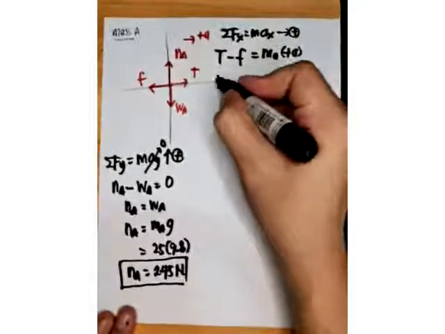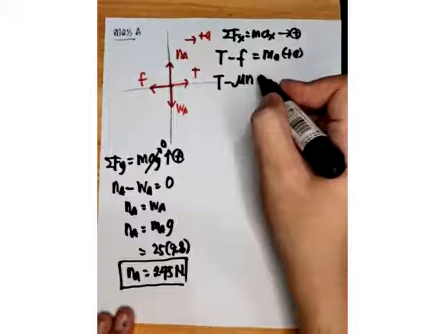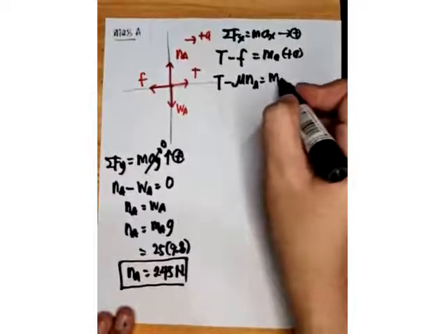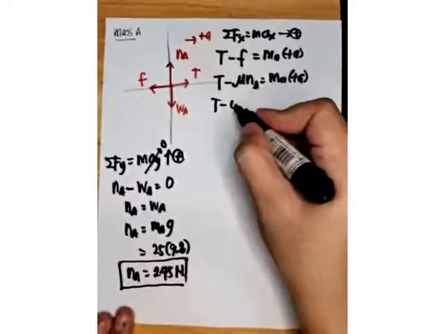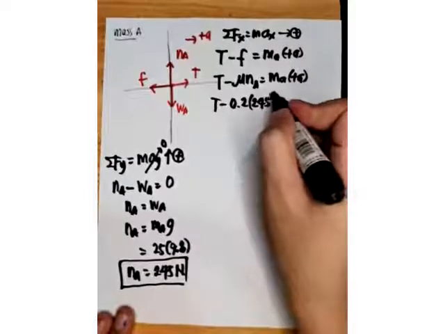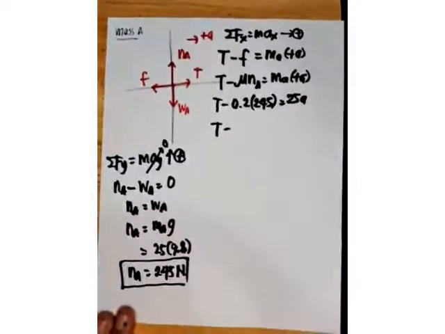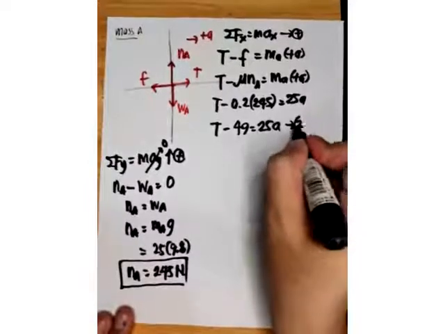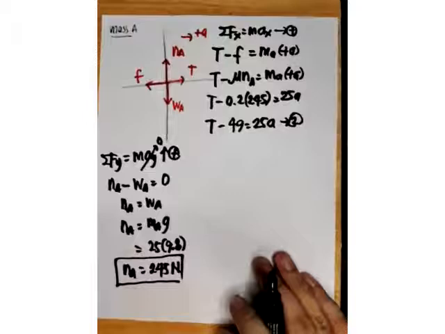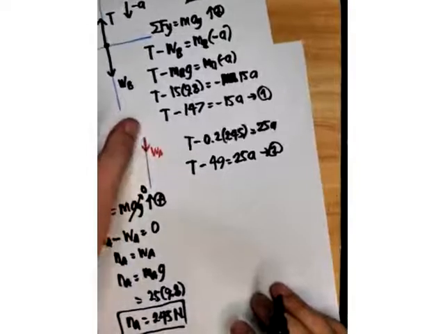So tension minus the frictional force, which is coefficient of friction times normal force, is equal to m_A times a. So T minus 0.2 times 245 is equal to 25a. Tension minus 245 times 0.2, which is 49, is equal to 25a. This will be our second equation. So we have two equations with two unknowns: this is our first equation and this is our second equation.